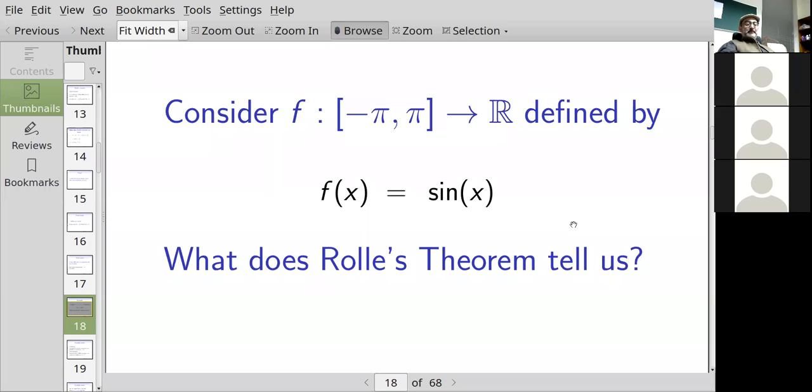It says that somewhere in the open interval from -pi to pi, not including -pi, not including pi, there's a point c, x equal to c, where the derivative of f at c is equal to 0. Okay?